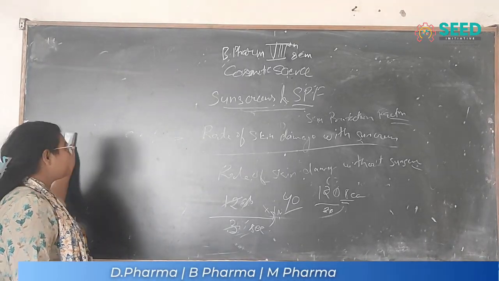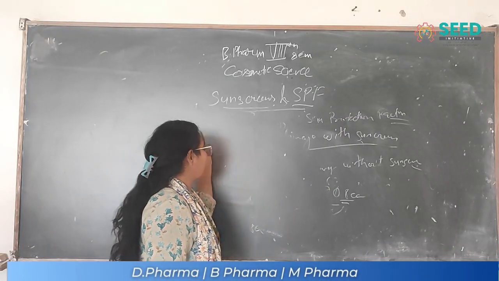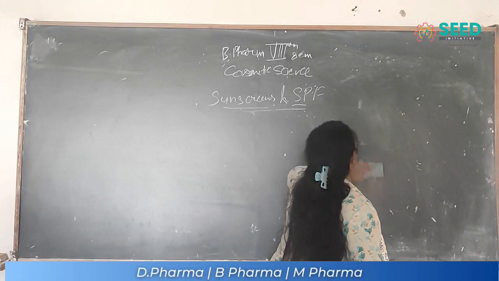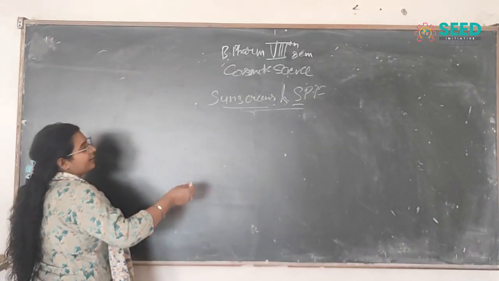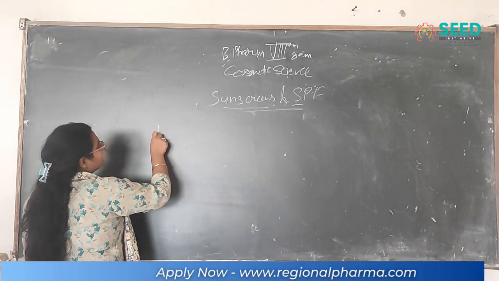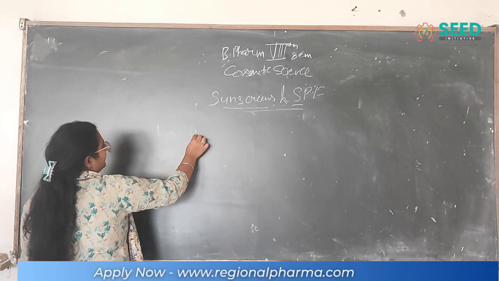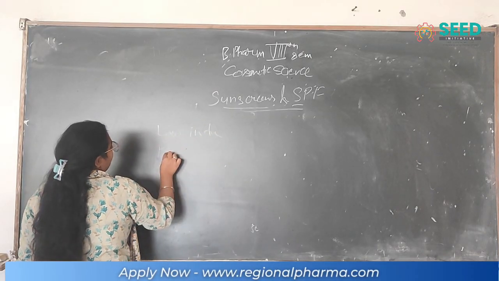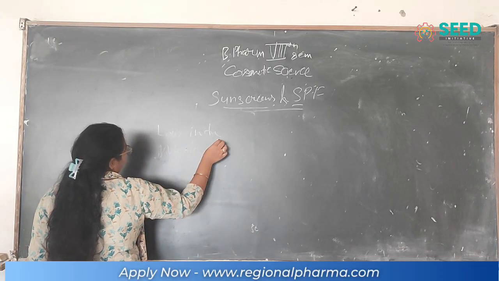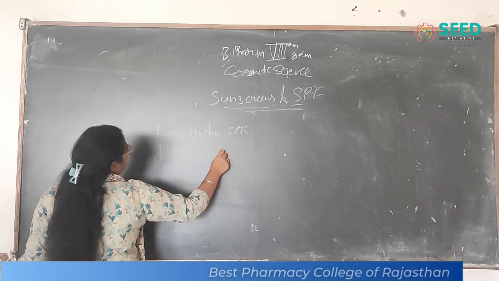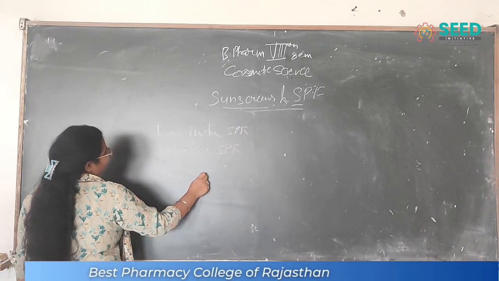Now is the reapplication time, the time period in which we have to reapply the sunscreen, because it is not enough if we use sunscreen once and do not reapply. It depends on low intensity, moderate, and high SPF.